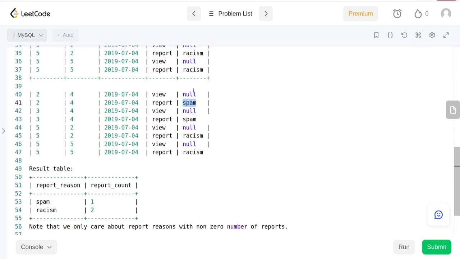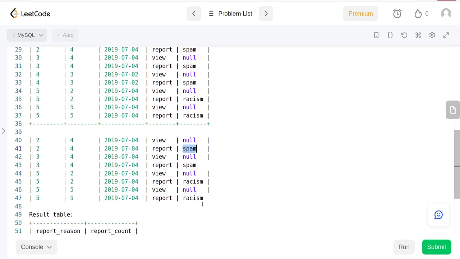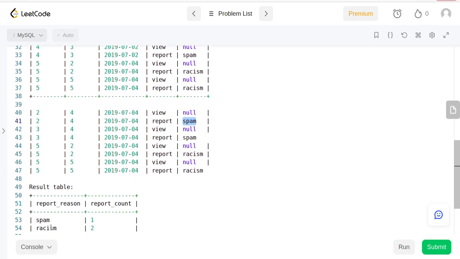Okay, so there are two categories of report reasons. One is spam and one is racism. So we're going to say that the spam came once and the racism came twice.